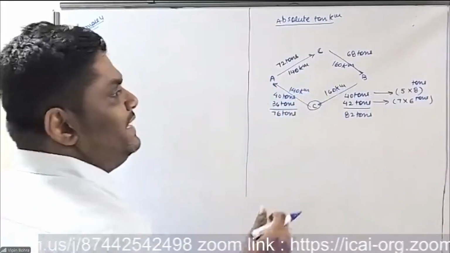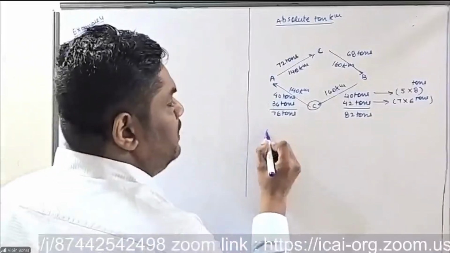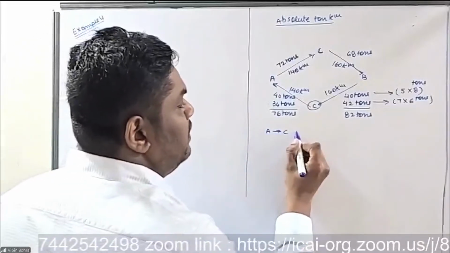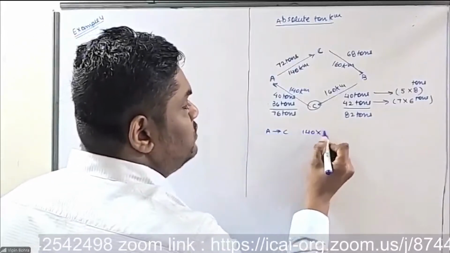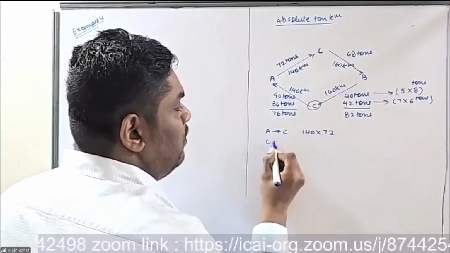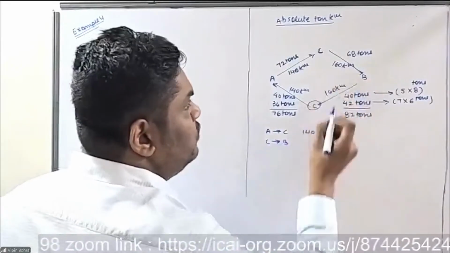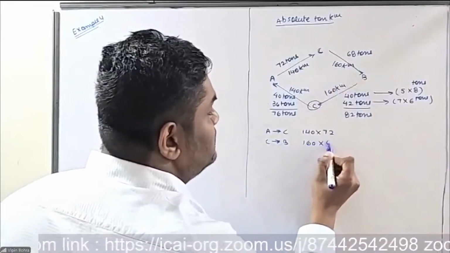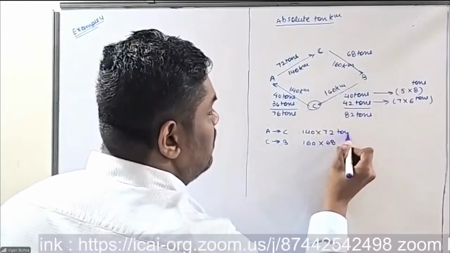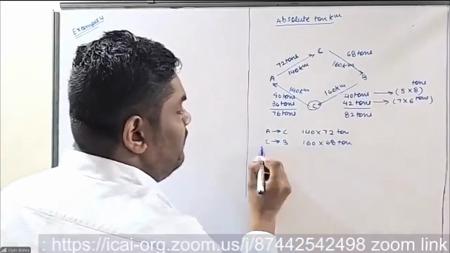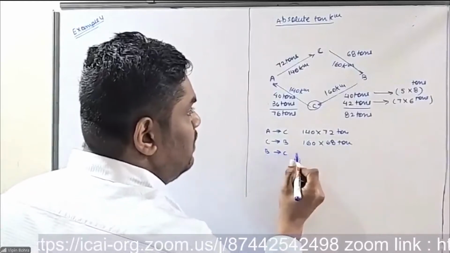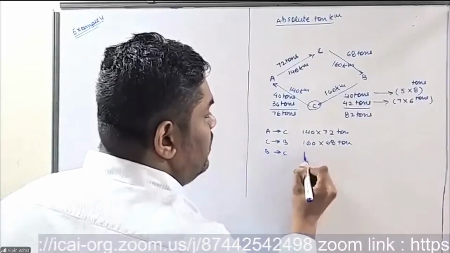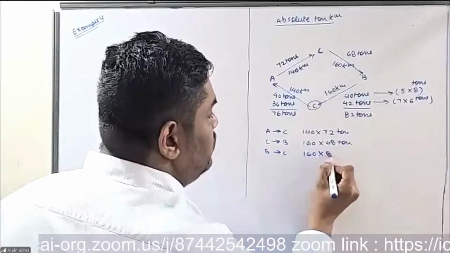So now we can easily calculate the absolute ton kilometer, that is A to C. It is 140 into 72. From C to B, it is 160 into 68 tons. From B to C, it is 160 into 82 tons.